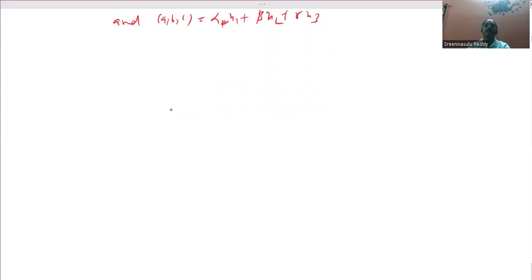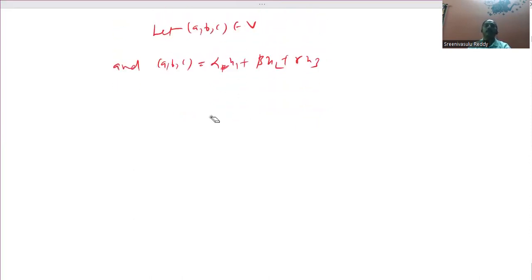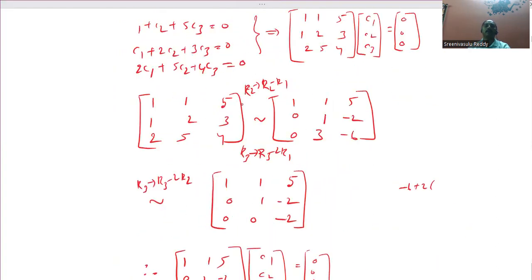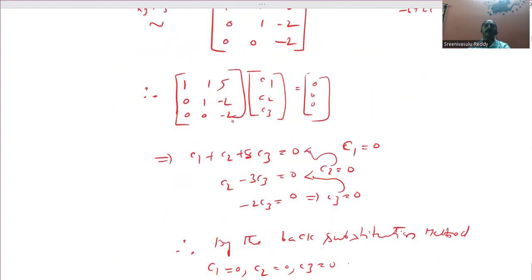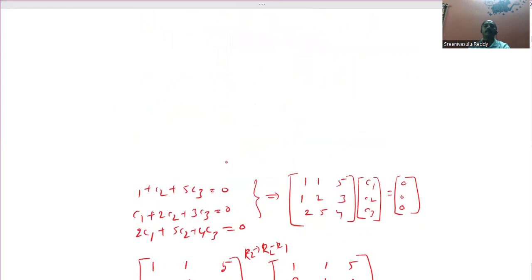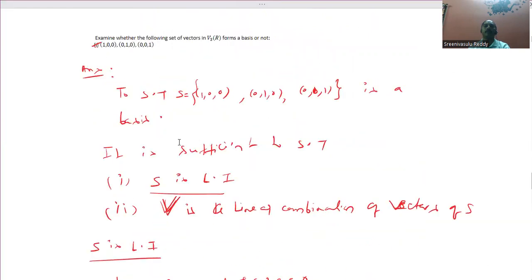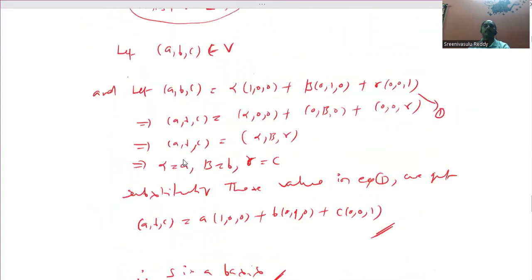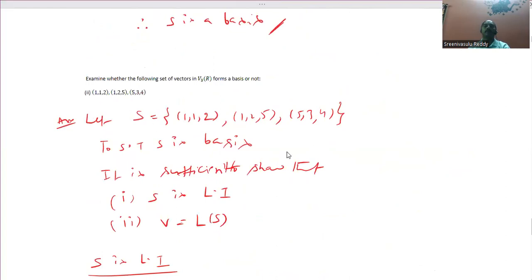Substituting x1, x2, x3 values and solving for a, b, c. Alpha into first vector is 1, 1, 2.